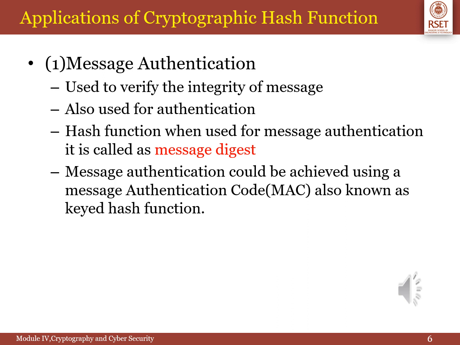In many cases, there is a requirement that the authentication mechanism should assure that the sender is valid. When a hash function is used to provide message authentication, the hash function value is often referred to as a message digest.